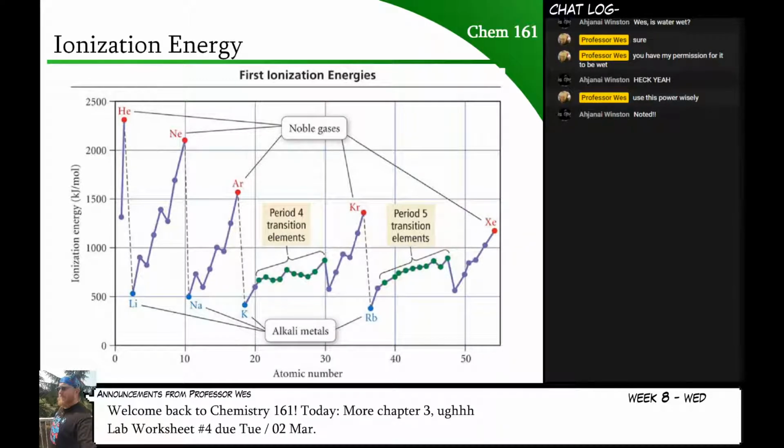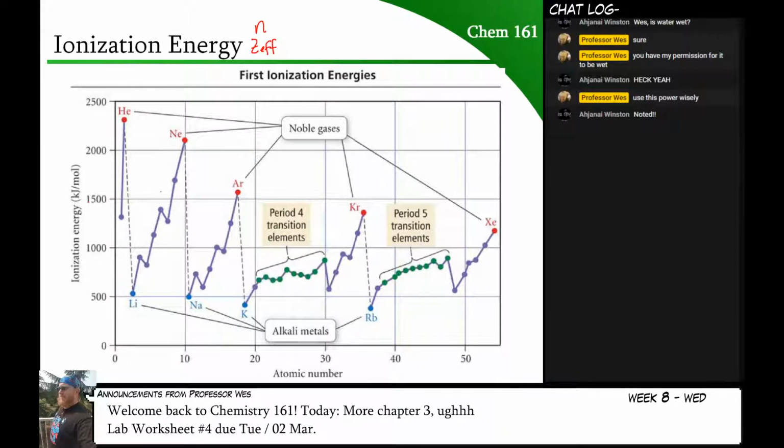Just to summarize yesterday's lecture, ionization energy is primarily affected by these two quantum mechanical quantities: n, the principal quantum number, or roughly how far away electrons are from the nucleus, and Z effective, which is the force pulling the electrons back towards the nucleus and resisting your attempt to ionize.